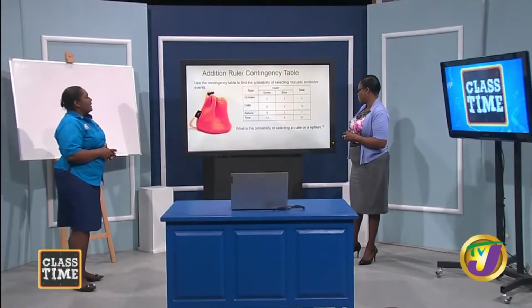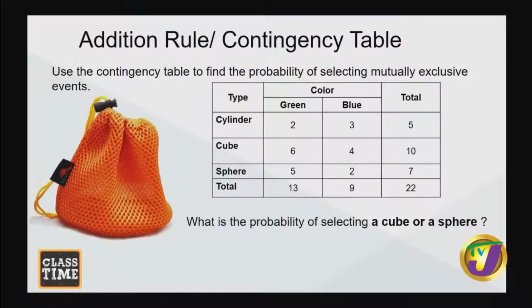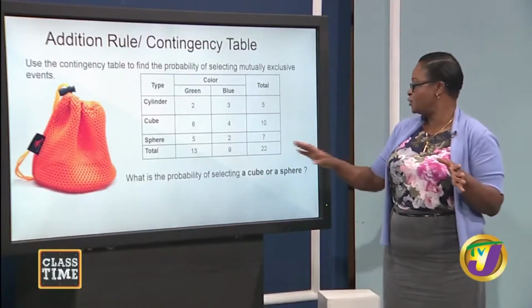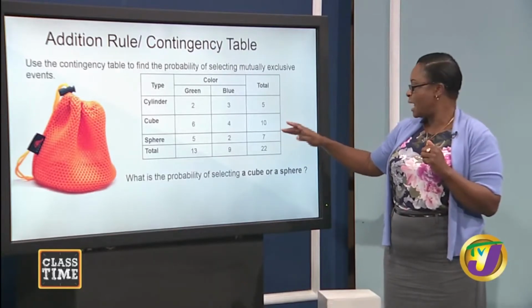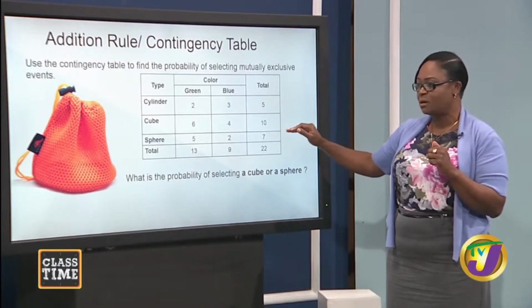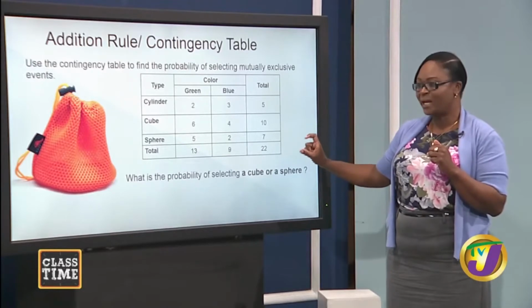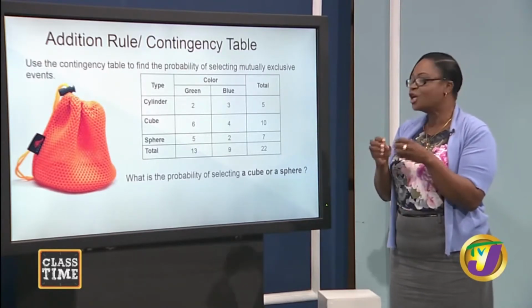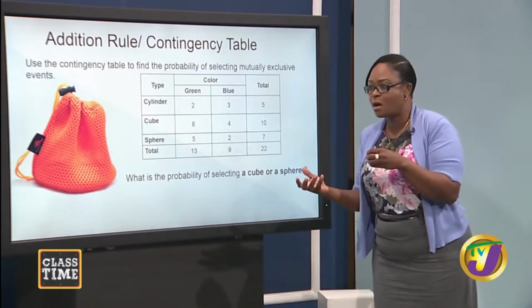And the probability of getting a sphere. It's the probability of the sphere total, because they didn't ask us specific to color, right? So we'd look at the total, and it would be 7 out of the 22 total. But it said a cube or a sphere.